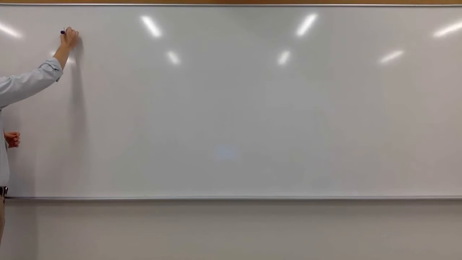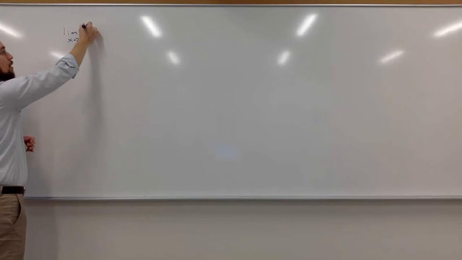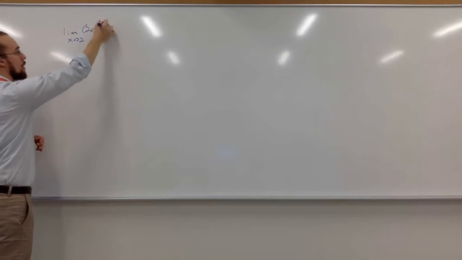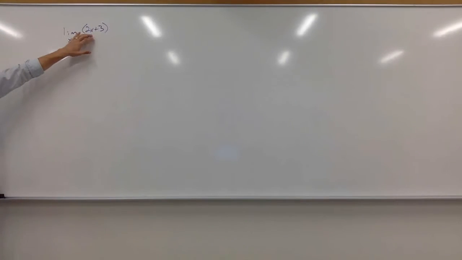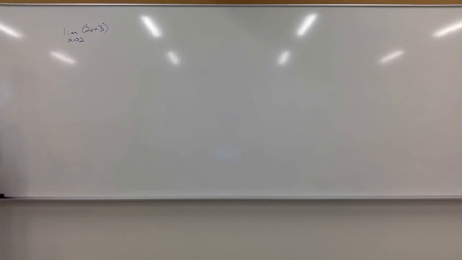Let's start with an easy one. Let's say the limit as x approaches 2 of 2x plus 3. A lot of times when you see limits written out, instead of saying f of x, they'll just actually put the whole function.